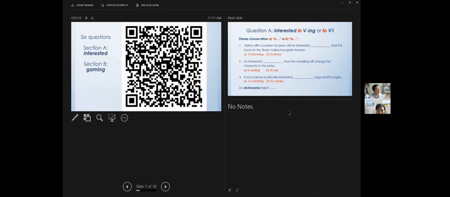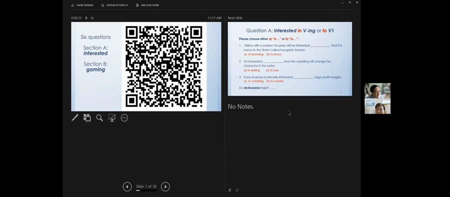The first three questions are about "interested in" and "to," and the other three questions are about gaming and gambling. The first question is about visitors with a passion for plays: will be interested in knowing or to know that it is home to the TV theater.